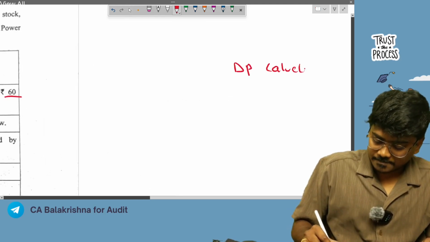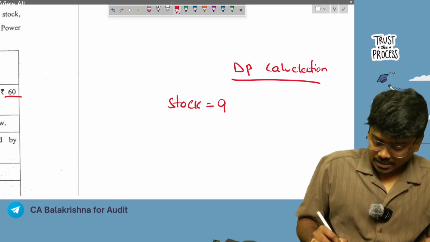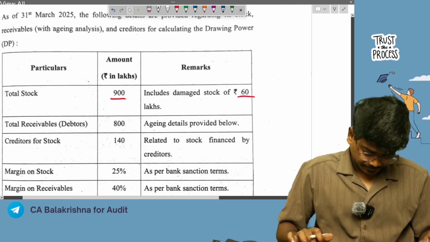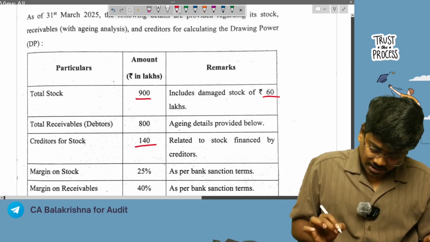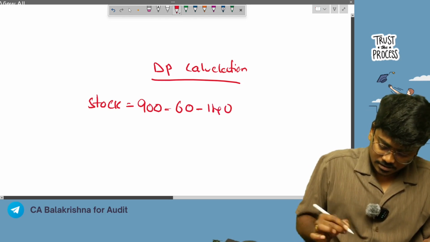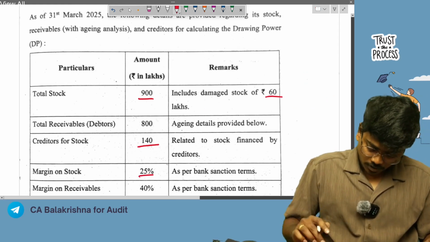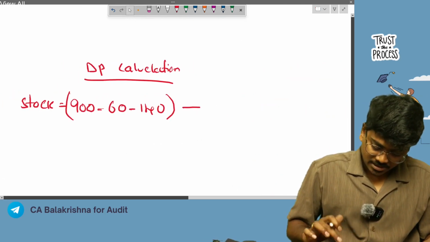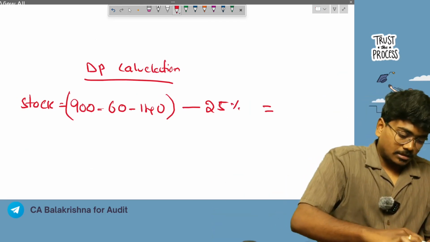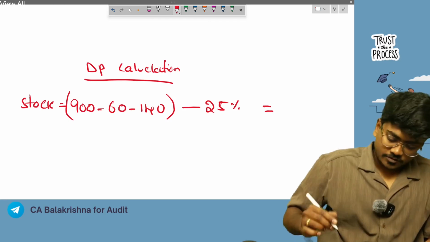DP calculation, stock: from 900 lakh, you need to reduce 60 lakh. Next, they are saying creditors for stock is 140 lakh. You should also reduce this 140 lakhs, right? And the margin that they have given for stock is 25%. So how much would it come? 900 minus 60 minus 140, minus 25%. It would be 525.